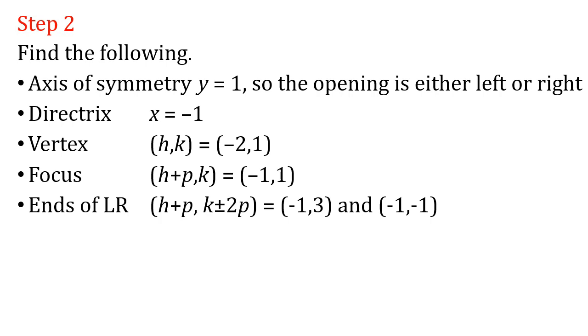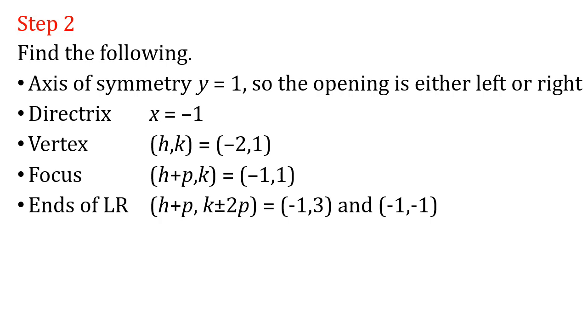And then ends of latus rectum. Since ends, it means that you're going to get 2 points. And they have the same x coordinate, which is h plus p. So h is negative 2, p is 1, h plus p is negative 1. Because negative 2 plus 1 is negative 1.